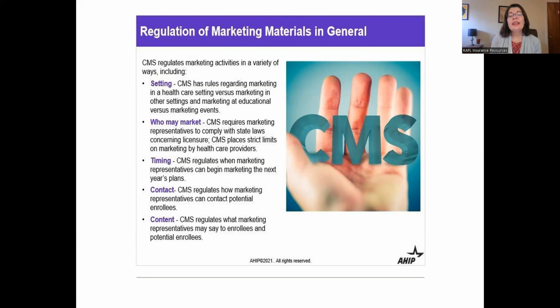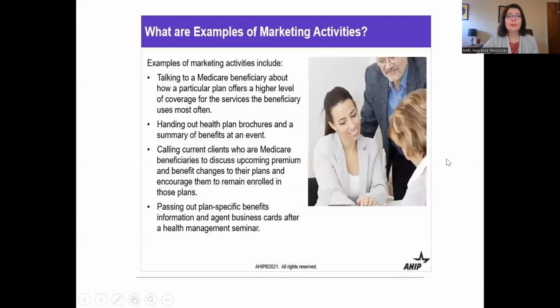I personally don't think it is that confusing. What you have to keep in mind, and what I think makes this all make sense, is that people that are on Medicare, whether it be someone that's 65 or older or someone that's younger that qualifies for Medicare, they're considered a protected class. So if you keep that in mind, I think that a lot of this really makes sense, and I think you'll understand in a bit.